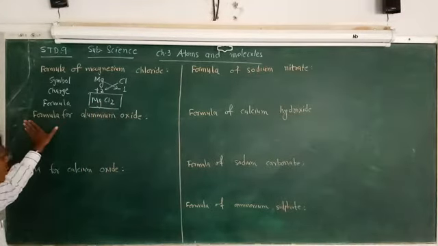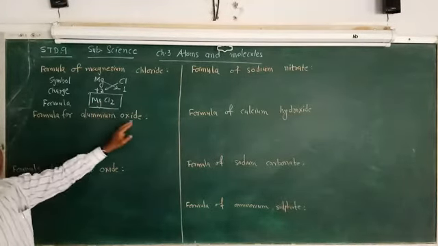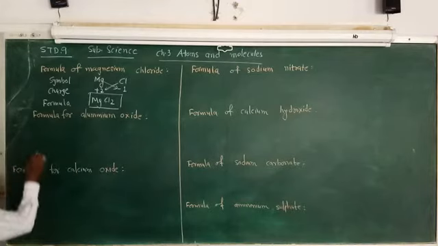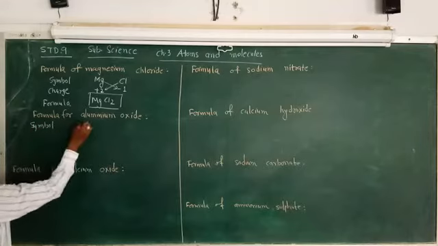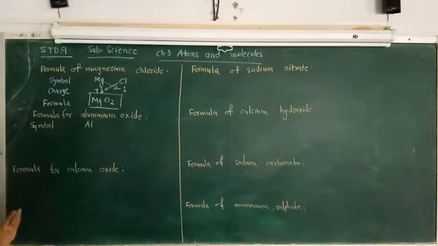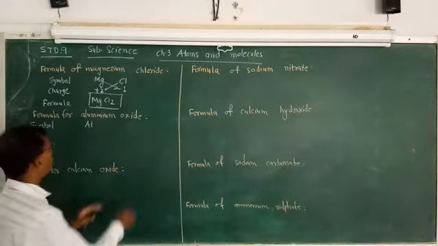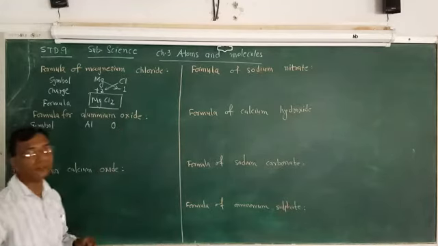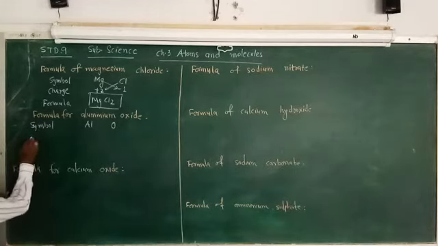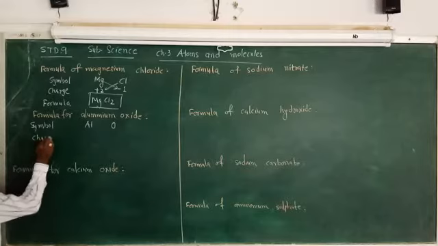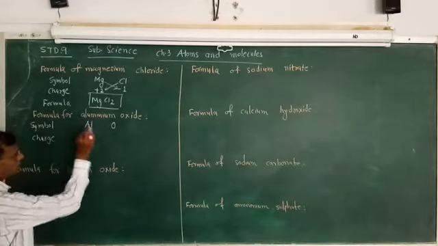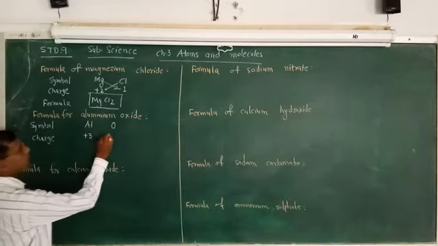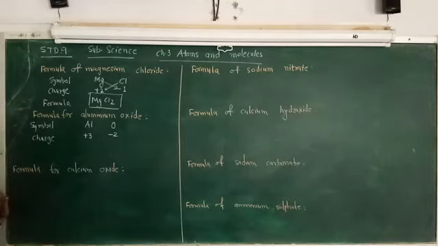Similarly, another is the formula for aluminium oxide. First write the symbol. Symbol for aluminium is Al, and oxygen is O. Now write the charge. Charge of aluminium is +3, charge of oxygen is -2.